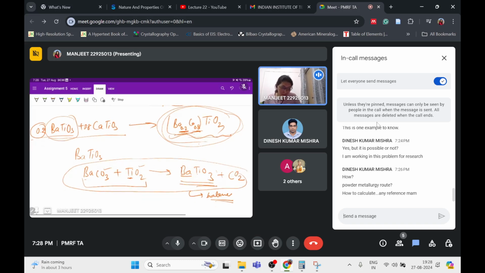So we can take 1 mole of barium carbonate plus 1 mole of titanium oxide, which will give you 1 mole of barium titanate plus the CO2 that is released here.